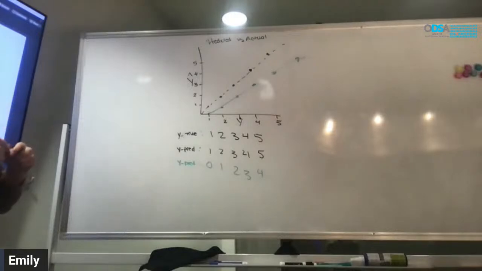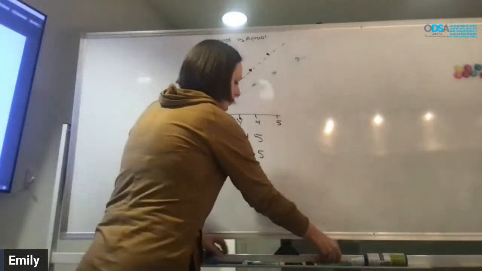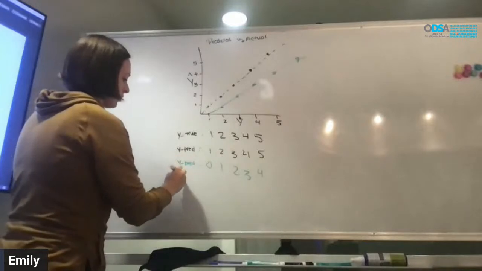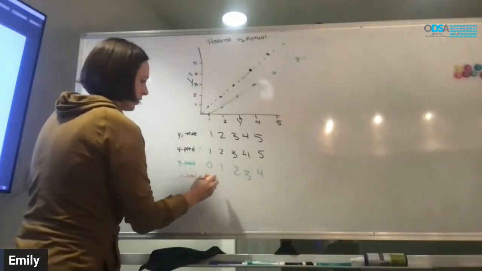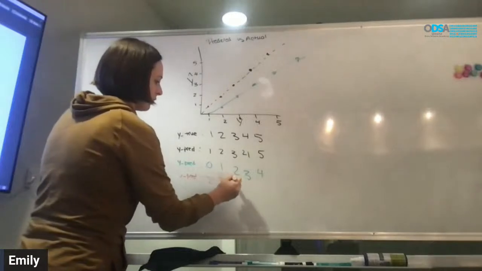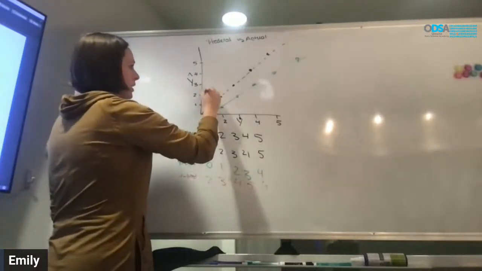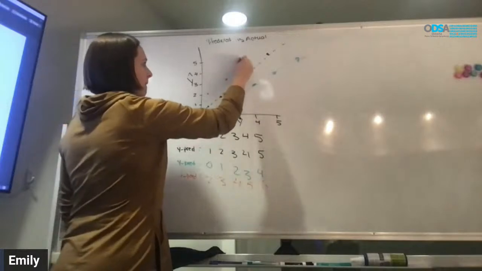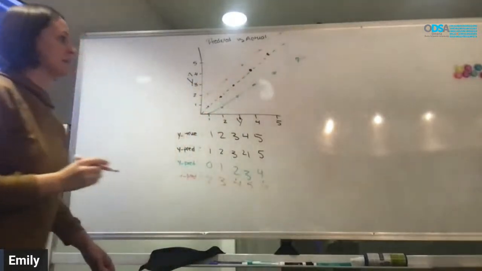So if we're underpredicting for each prediction, we're under this curve. You can imagine we can do the same thing with overpredicting. If we did 2, 3, 4, 5, 6, it's just going to be the same thing, but it's above the line.